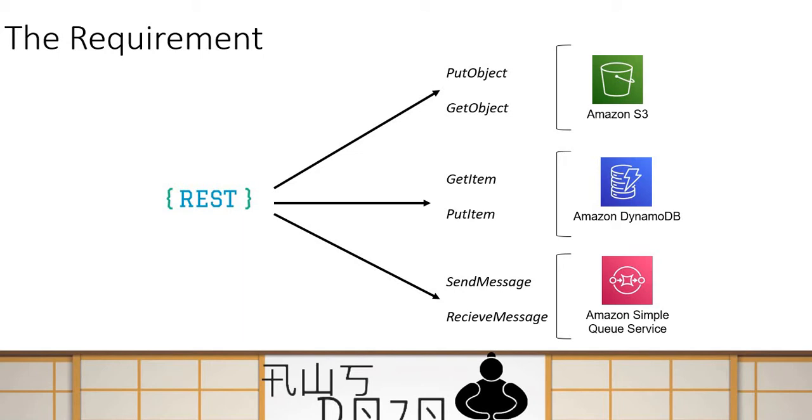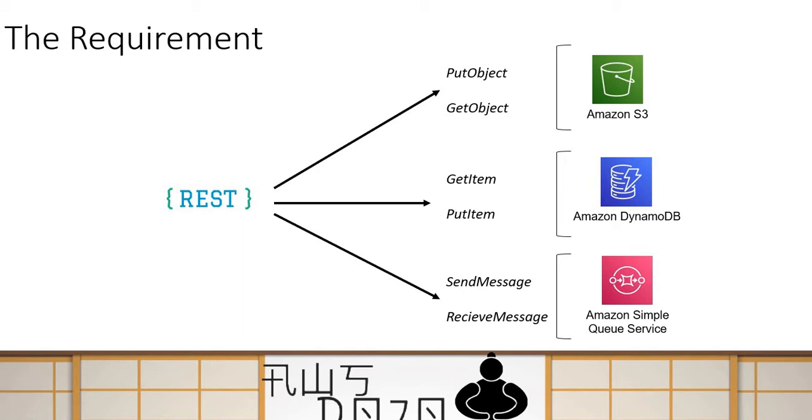All the API has to do is call the very native AWS service API, like put object, put item, get item, send message, without any additional business logic to perform the operations.